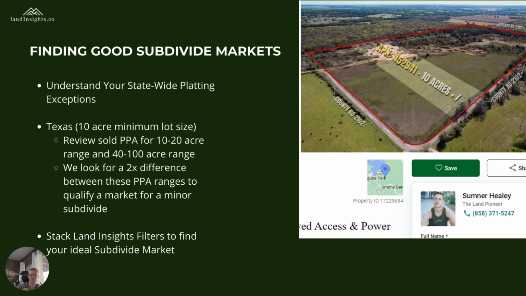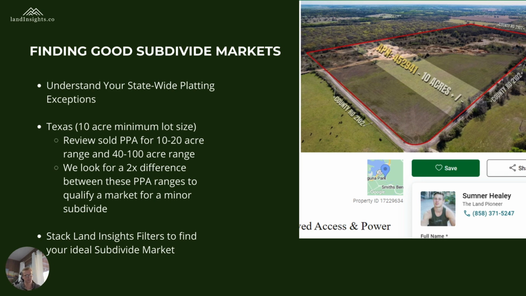So when we're looking for markets to do a minor subdivide in, we're looking for at least a 2 times difference between the price per acreage ranges of 10 to 20 and 40 to 100. So we want to see like 10 to 20 is trading at 4,000 per acre, and 40 to 100 is trading at 2,000 per acre. And ideally, an even bigger gap between those two. And those can qualify a market for a good minor subdivide.